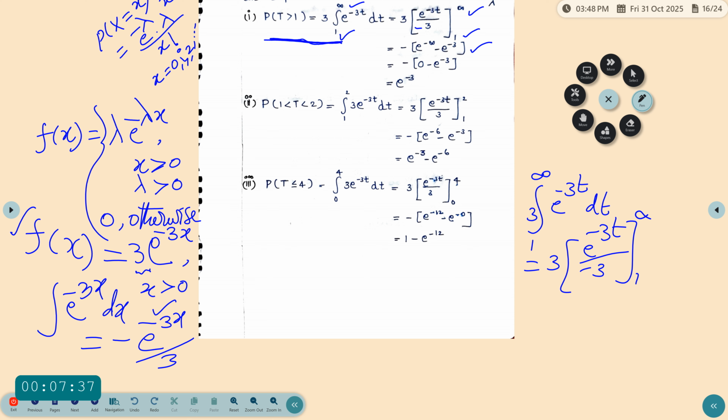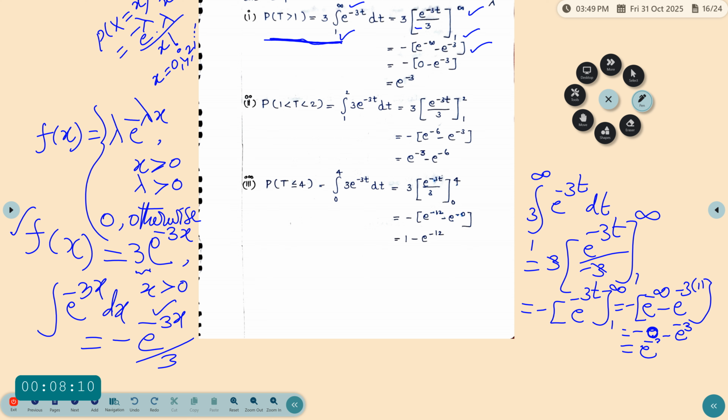The 3 and 3 cancel, so we get minus e power minus 3t with limits 1 to infinity. Substituting the upper and lower limits, we get minus of e power minus infinity, which is 0, minus e power minus 3 into 1. So we get e power minus 3. This is our answer.